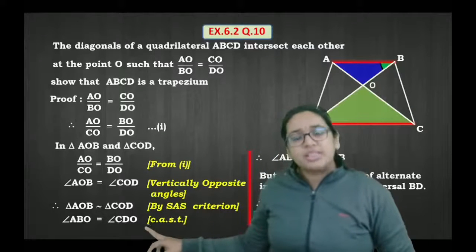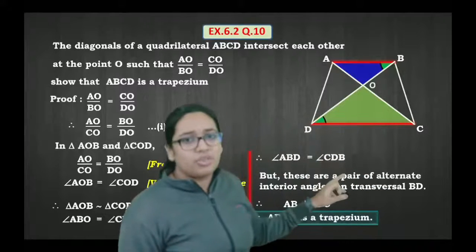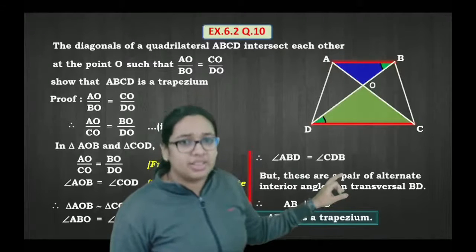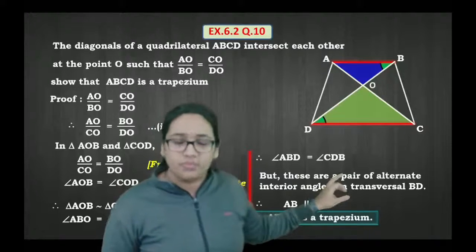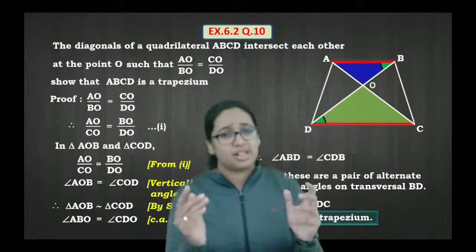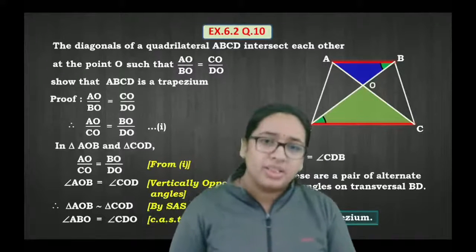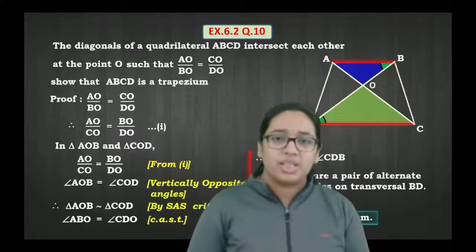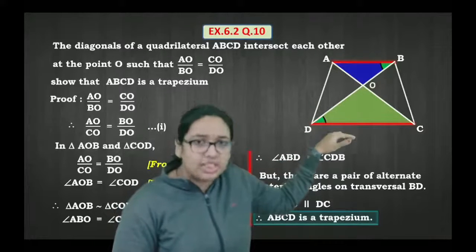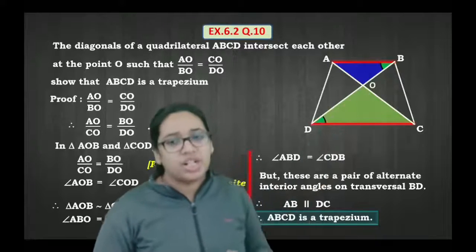So for this ABO equal to CDO, हमने use किया, ABD is equal to CDB. We can see there is a Z letter, तो Z letter रहता है तो interior alternate angle का आपको पता है, तो उसी का use करके आपने बोला, here AB will be parallel to CD, such that BD will be the transversal.